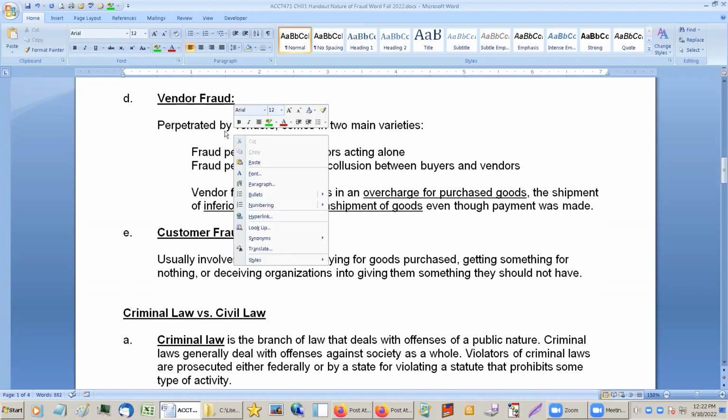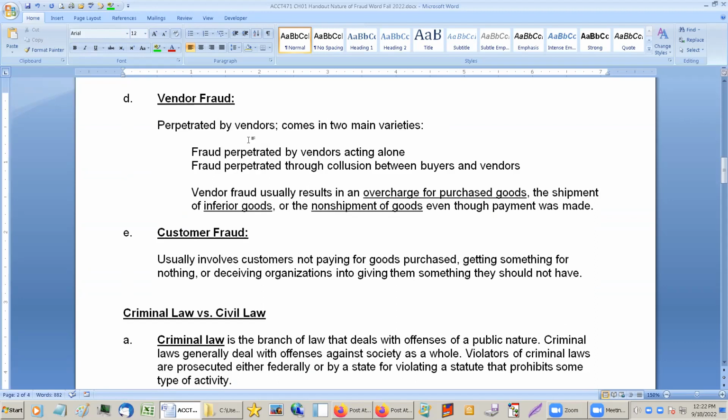Vendor fraud. Okay, so vendors are people that sell goods to the company. Vendor fraud can come about in two different ways.